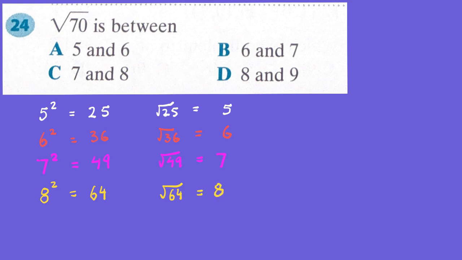We're pretty near 70 now, so let's find out what 9 is. 9 squared is 81, and the root of 81 is 9. Now I can see that root 70 is somewhere between 8 and 9. And so in that case the answer must be D.